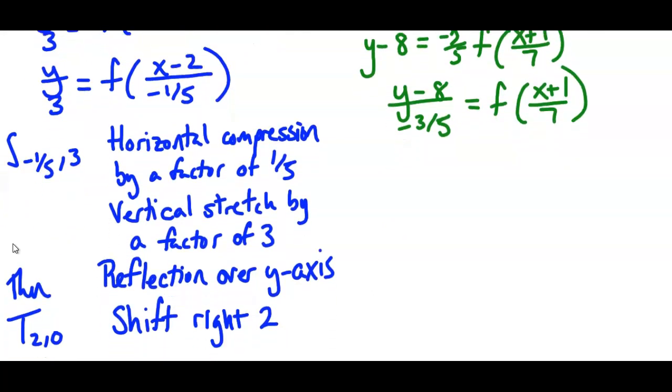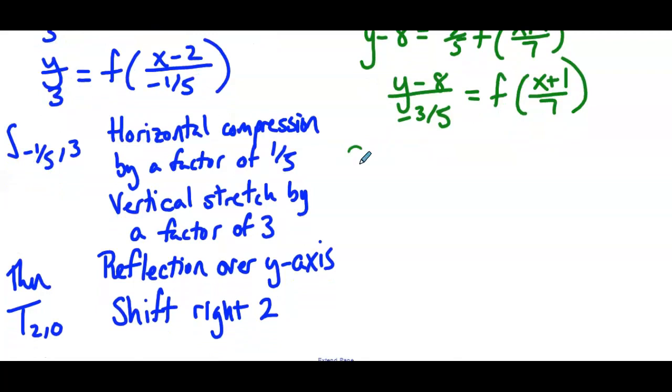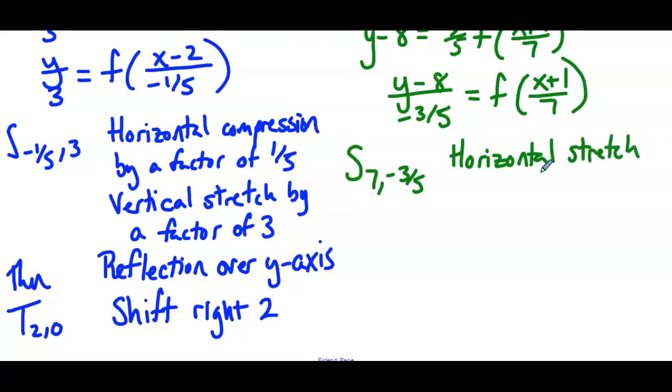Okay, time to identify. So start with our scale factor. So our scale factor is 7, negative 3/5. So we have a horizontal stretch by a factor of 7.